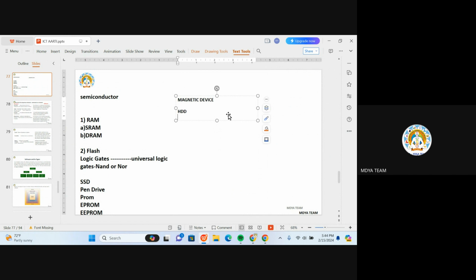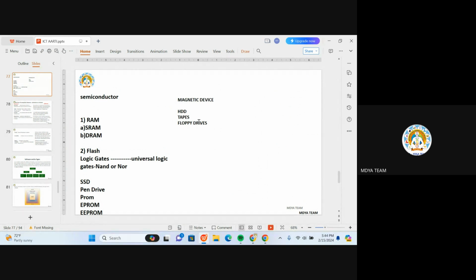Next is tapes, magnetic tapes that we have studied. Then floppy drives. These are magnetic devices. You just have to remember the names, because sometimes questions come in the exams asking which devices are made up of semiconductor. So you don't have to be confused. These are magnetic, these are semiconductor. Last one is optical.